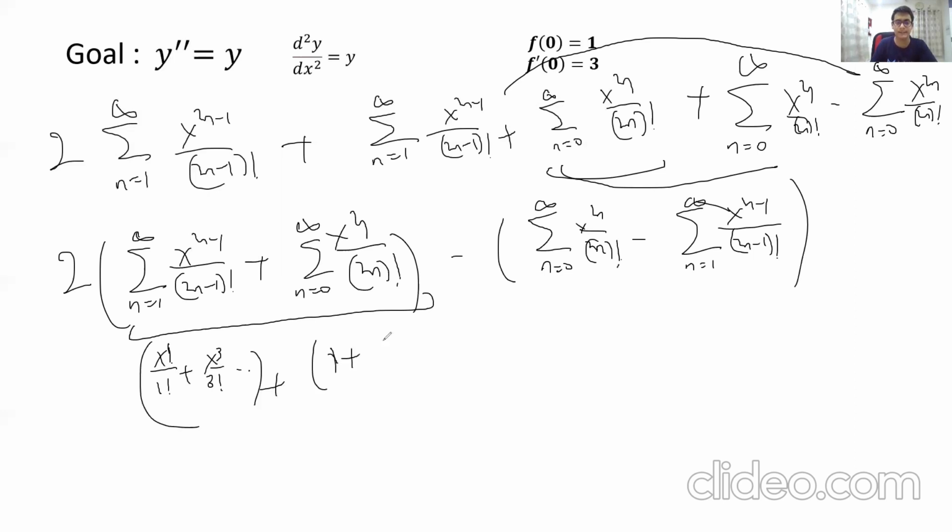Now again, if I put n is equal to 0 here, it is just 1 by 0 factorial, that is 1. x squared by 2 factorial, x power 4 by 4 factorial, and so on. So can we just notice that together this whole thing is actually going to include the sum of odd powers of x by odd factorial plus the sum of even powers of x by even factorial.